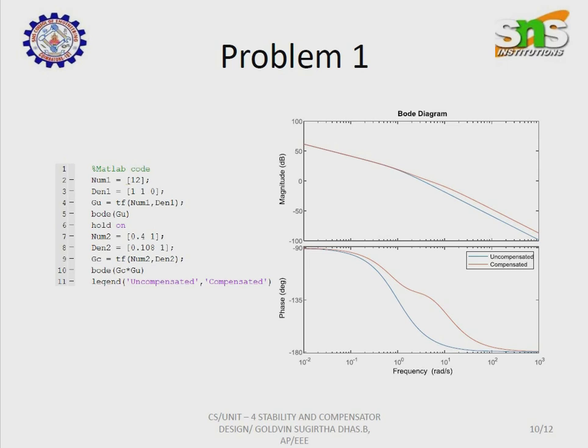Next we are plotting the Bode plot as a combination of both, since that will give the compensated system, and we are plotting that in the graph. So we can find that the blue color represents the uncompensated system and the red color represents the compensated. So we can see the system before compensation as well as after compensation.